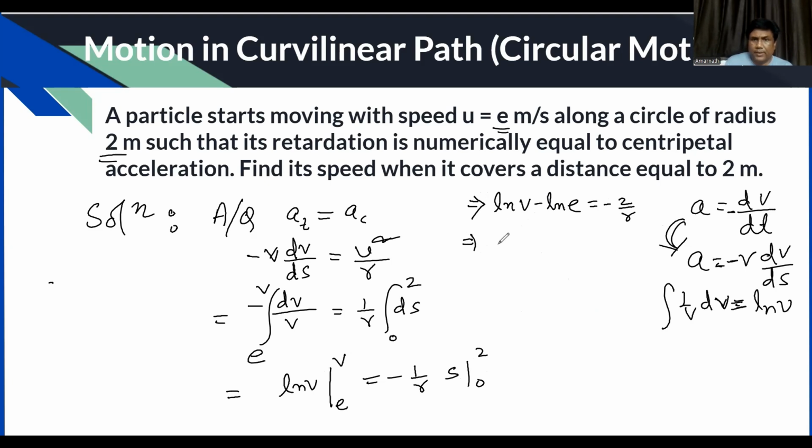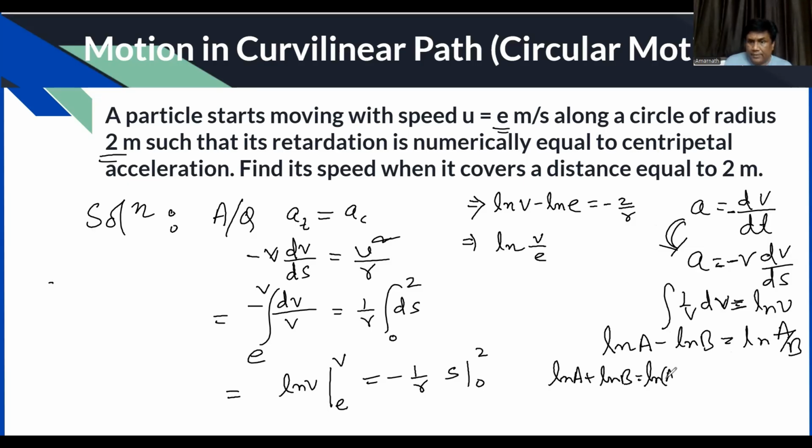Ln a minus ln b is always ln a by b. This formula you should keep. And if it is ln a plus ln b, then it will be ln ab.